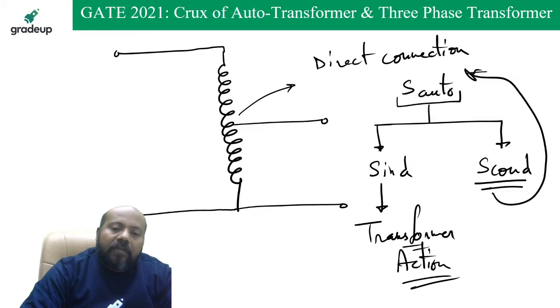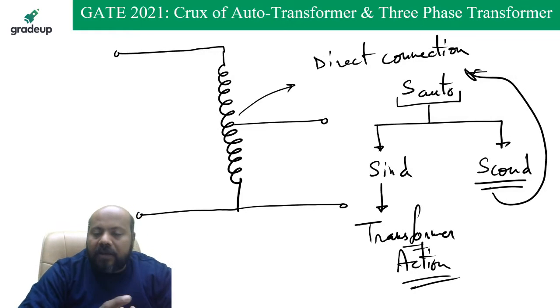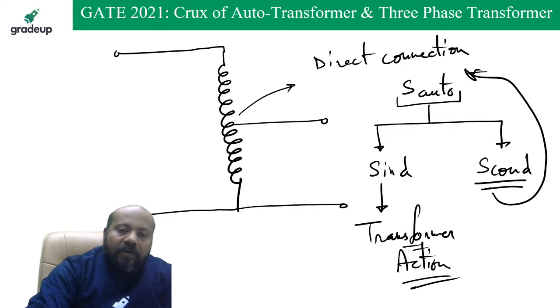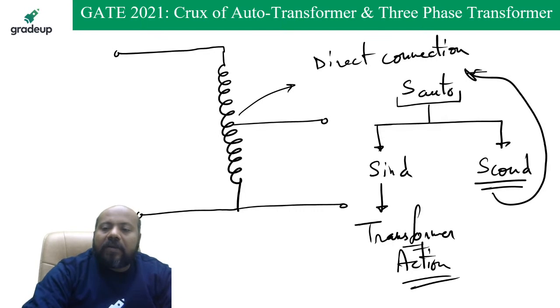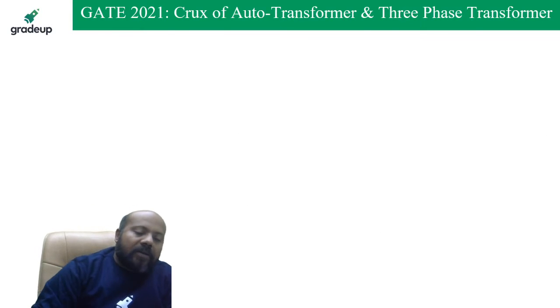Yes or no? Primary side you are connecting the source, secondary side you are connecting the load. It means two different circuits are used to transform the power from the source to the load. Now, in case of auto transformer, to decide what is inductively transformed power and conductively transformed power, you have to understand the MMF balance.